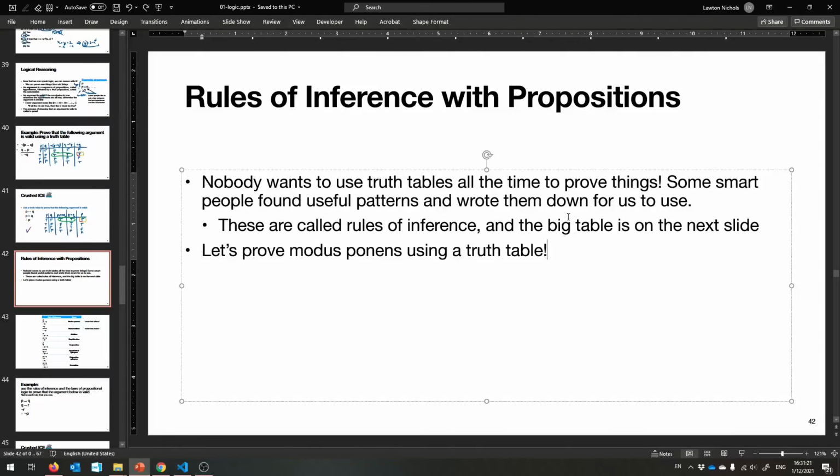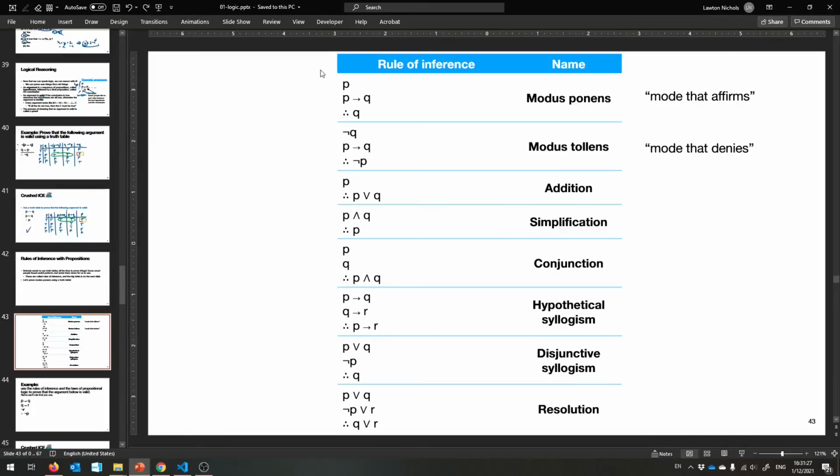Okay, and there's a large table on the next slide, and we can use these in our own proofs. If we have some hypotheses, like if we have these hypotheses, we immediately know that this is true. If we have just this hypothesis, we know that this is immediately true.